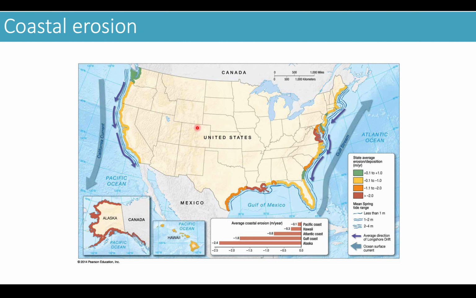For California, it's a little bit neutral, whereas in the Pacific Northwest up here, it's common to have deposition. Here where we have a lot of hurricanes, we definitely have more erosion, those negative numbers. Along with a lot of the East Coast, there are some of those negative numbers as well. So those coastlines are experiencing more erosion than deposition.